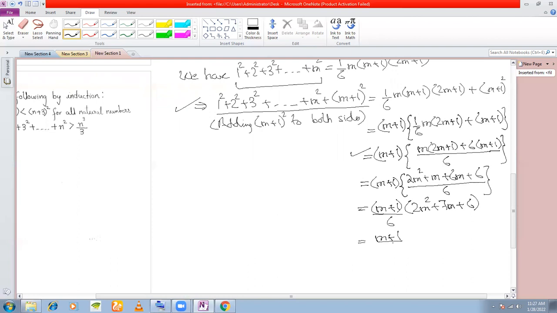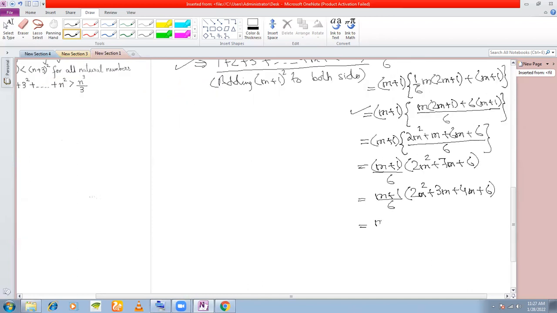Now 2m square plus 7m plus 6 can be factorized by your middle term factorization of trinomials. What will the two factors be? 3 and 4. So which is equal to (m plus 1) by 6 into this.